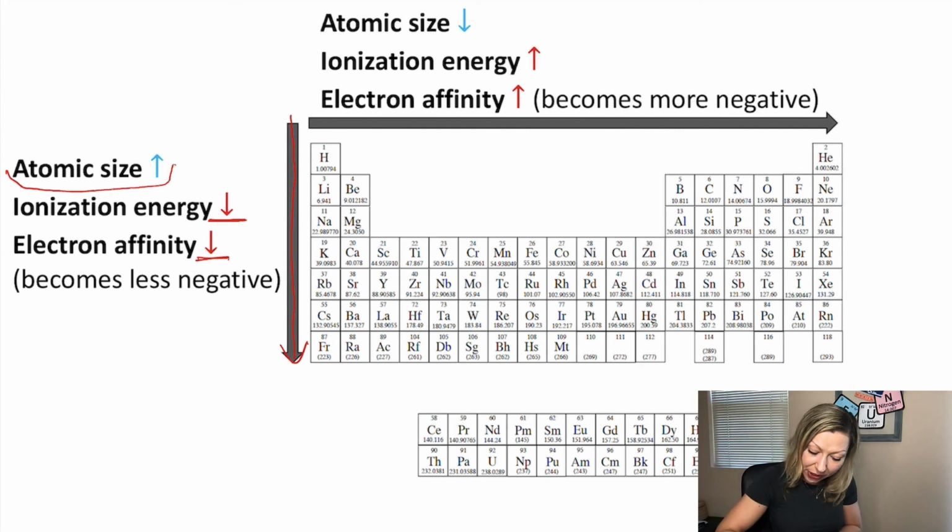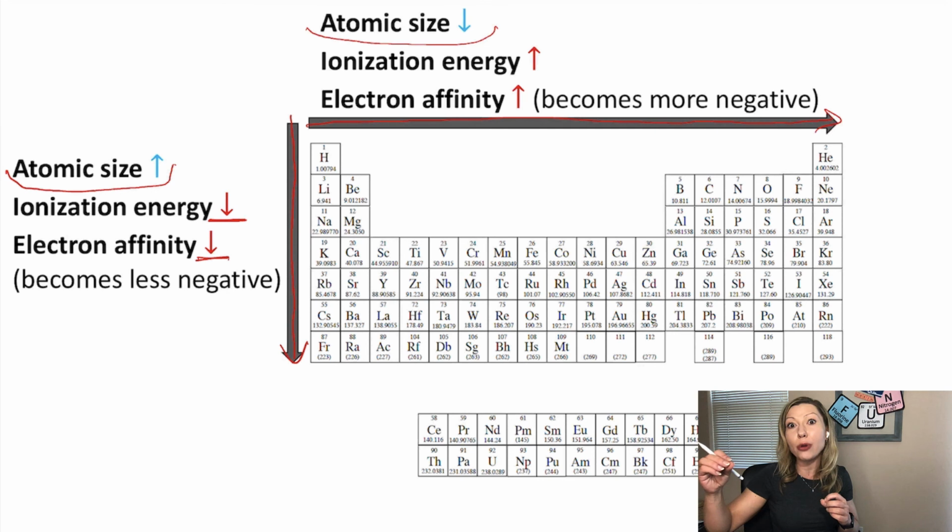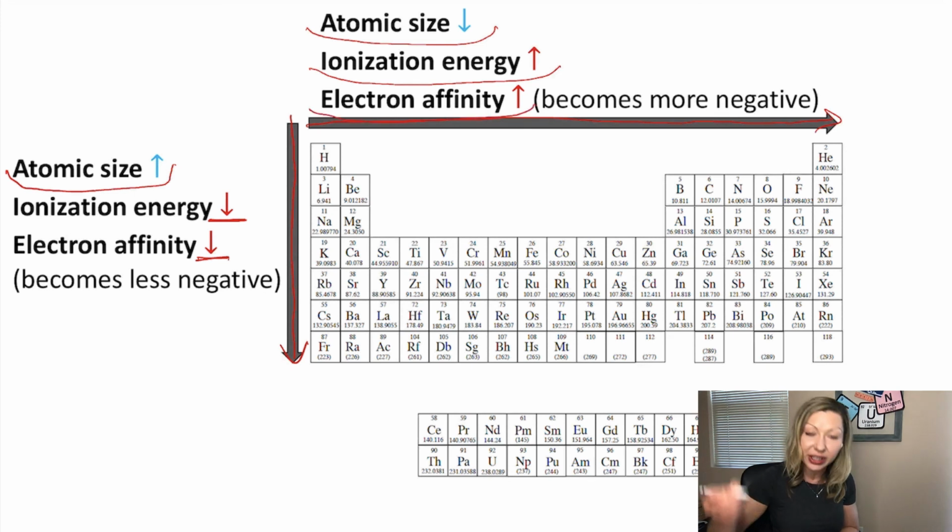Now, what happens when we go left to right across a period? The atomic size is going to decrease because we are adding protons, but we are moving within the same shell with the electrons. Because the atomic size decreases, the ionization energy will increase, and also the electron affinity will increase, which means that it's going to become more negative.